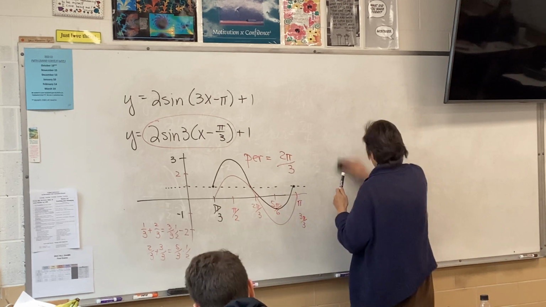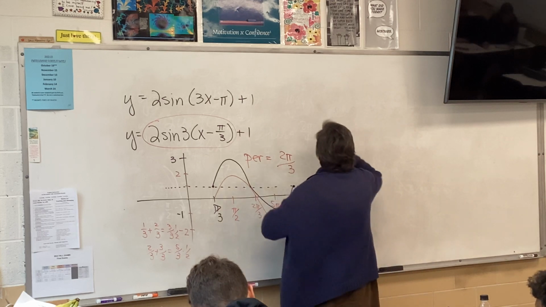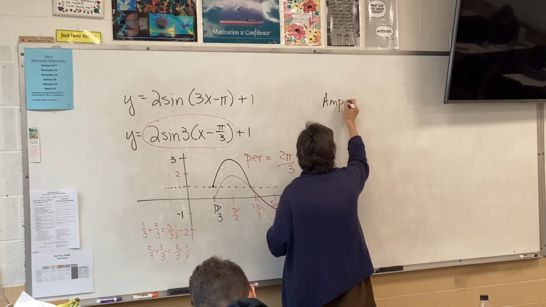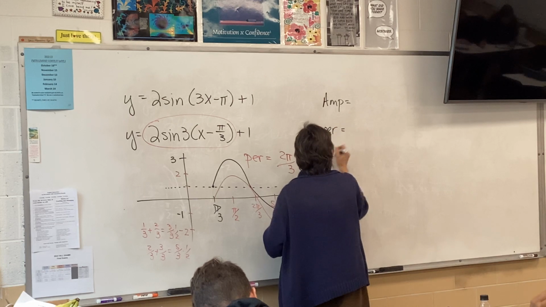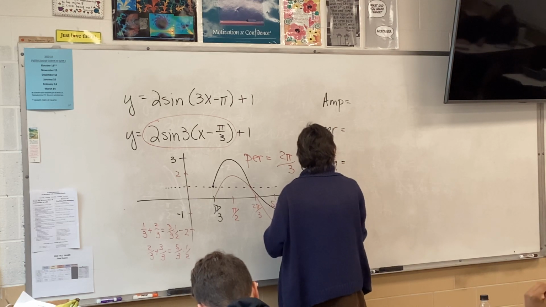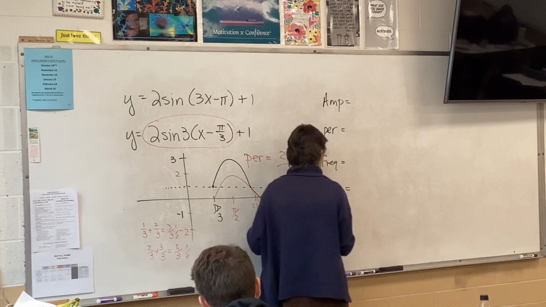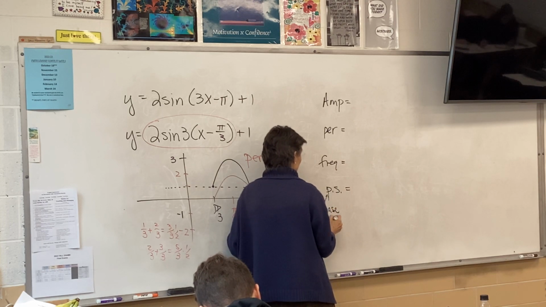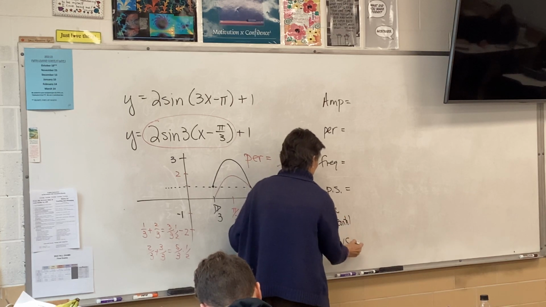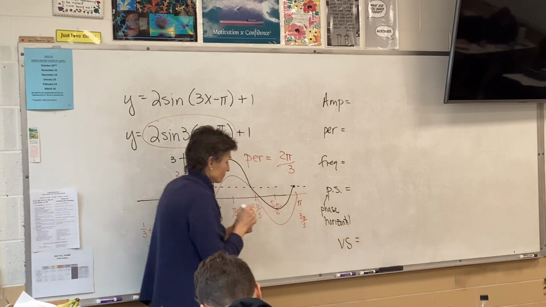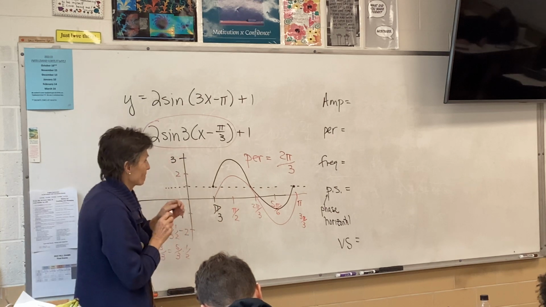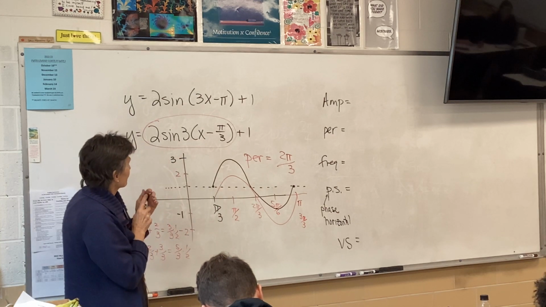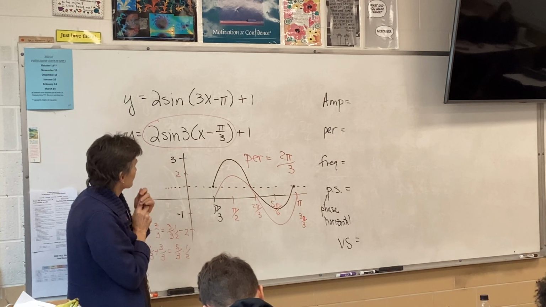Let's make a list of all of the important characteristics for this curve. Amplitude, period, frequency, phase shift. This is phase shift, sometimes called horizontal shift, and vertical shift. Here it is.